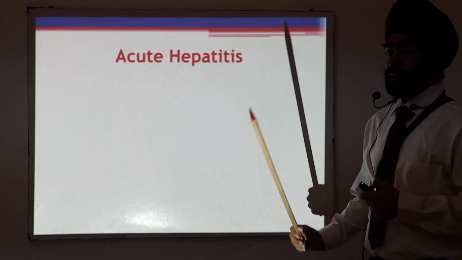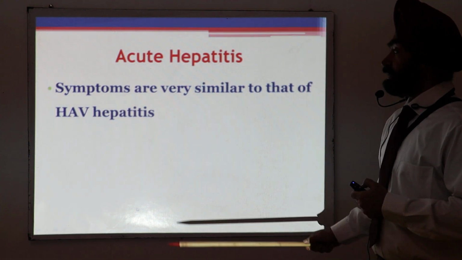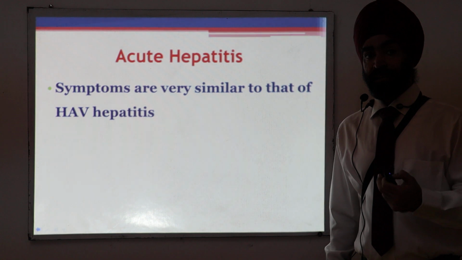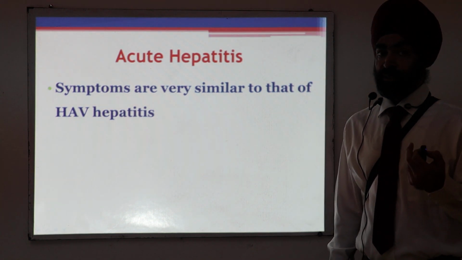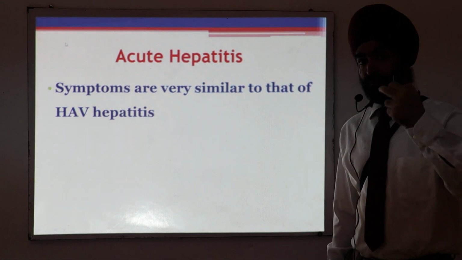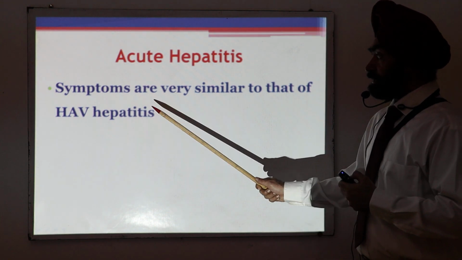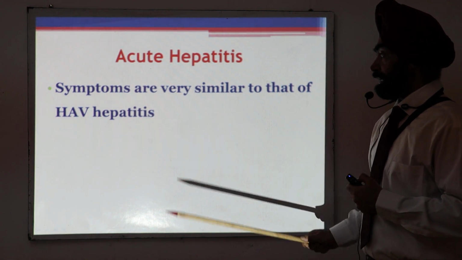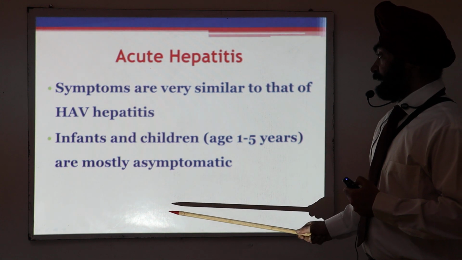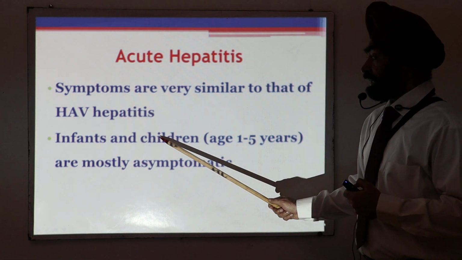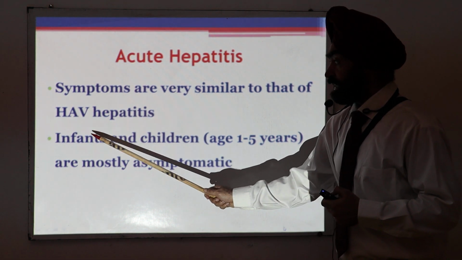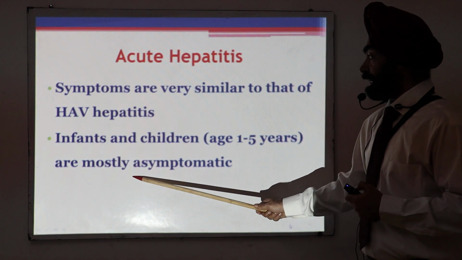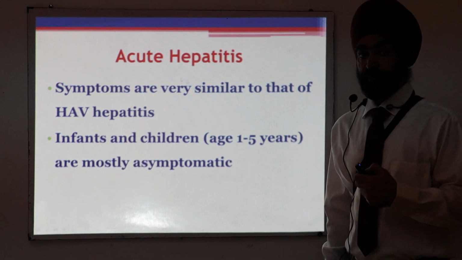First of all, coming down to acute hepatitis. Obviously, whenever acute hepatitis takes place, the symptoms are very similar to those we discussed for hepatitis A. But if they are children or infants, the acute symptoms are sometimes absent.